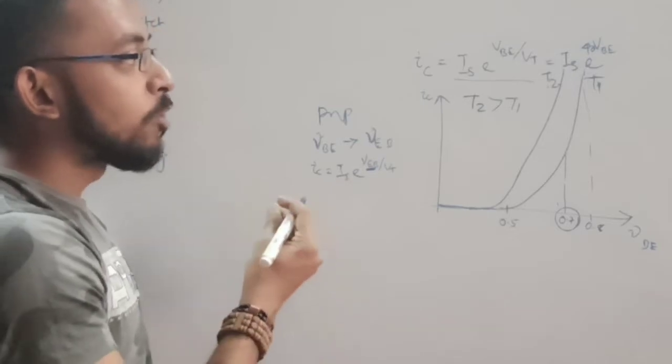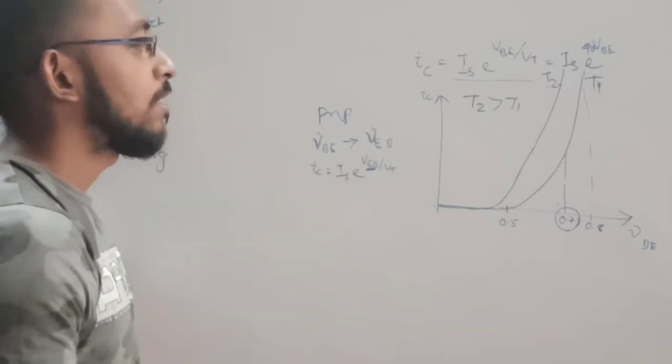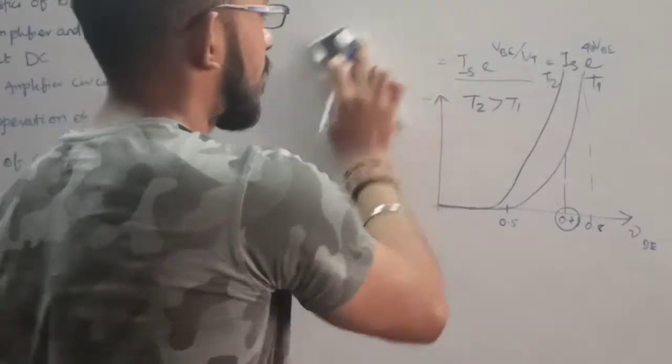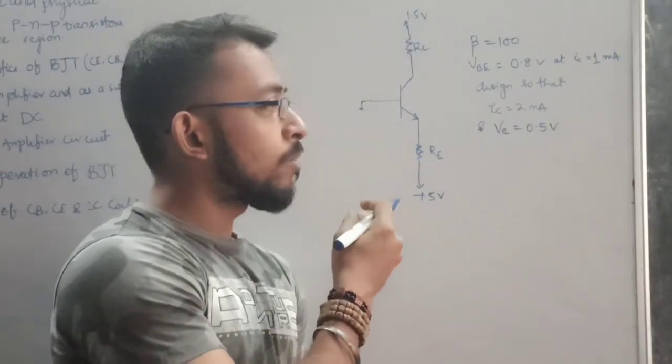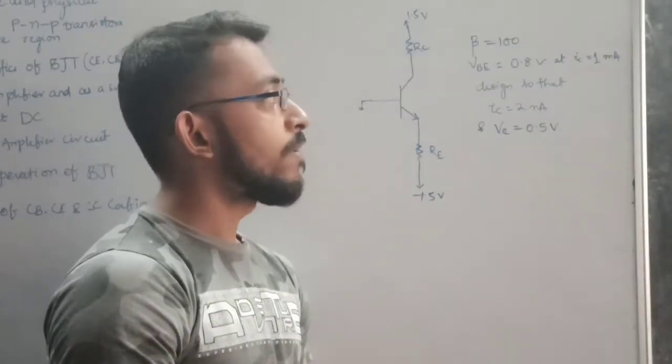Now let's do some numerical based upon this. So this is a numerical. The question is on your screen. You can have a look.